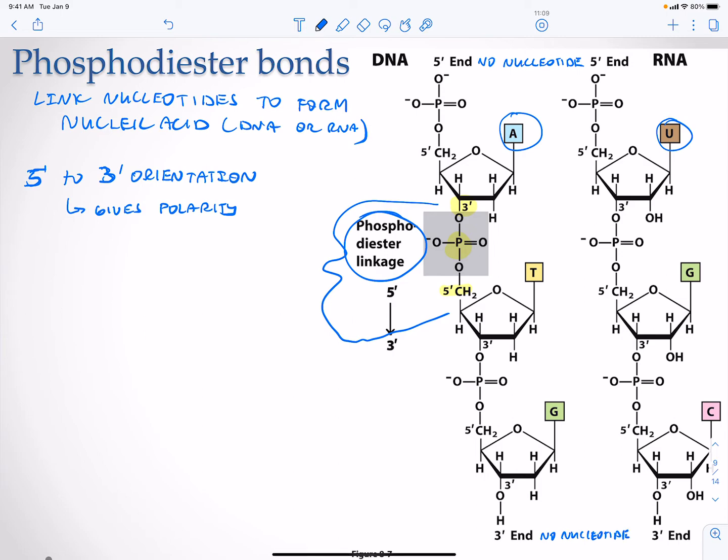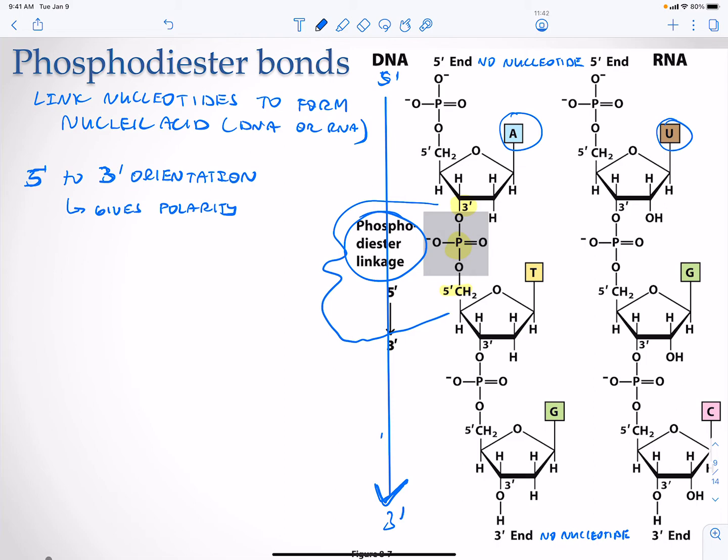The 5' to 3' orientation refers to the ends of the strands, not to the individual orientation of the phosphodiester bonds linking the nucleotides. So it's always 5' to 3'. Okay, so that's the orientation.